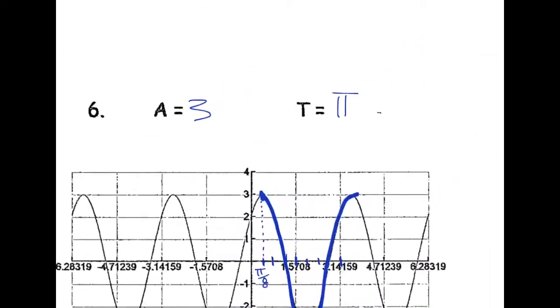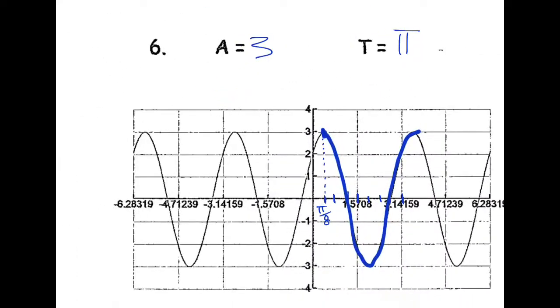So, if we write it as a cosine graph, we get y equals 3 cosine of, what's the phase shift? Well, wait, before we do that, what's the period? The period's pi, which means we divided 2 pi by 2, which means I need that 2 there for my appropriate change in period.